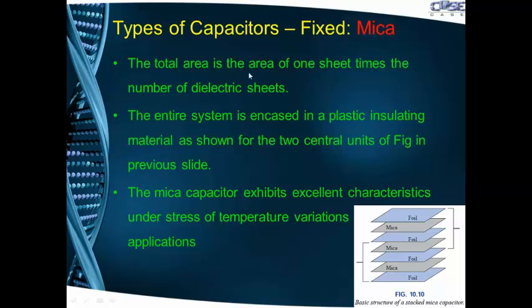The total area is the area of one sheet times the number of dielectric sheets. The entire system is encased in a plastic insulating material, as shown in the previous slide, and the mica capacitor exhibits excellent characteristics under stress of temperature variation applications.